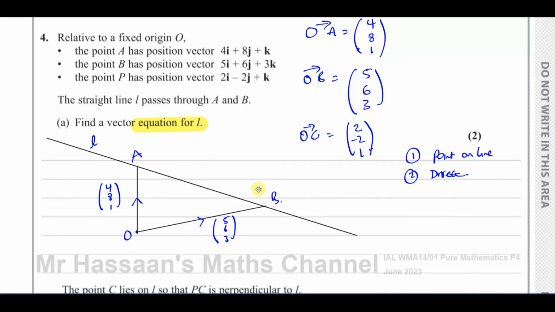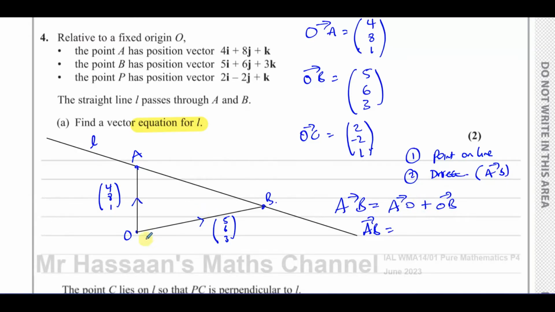No problem, whichever one we want to do. So this is the point A, this is the point B. Let's say we want to find the direction A to B. If I want to go from A to B, then I've got to go from A to O, and then from O to B. You'll notice that every time it's going to be the second one minus the first one.